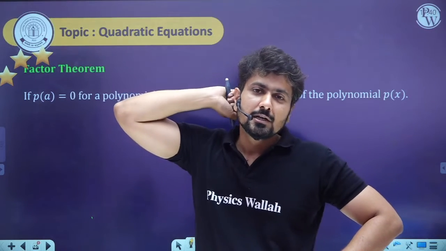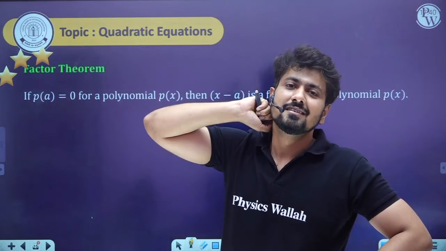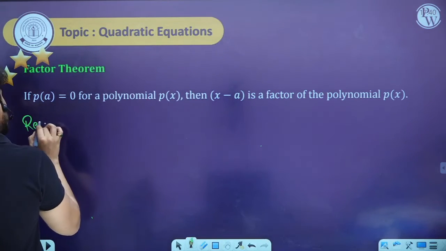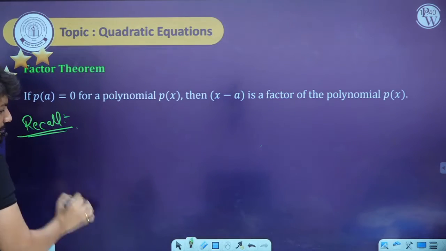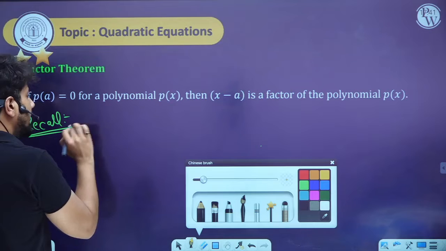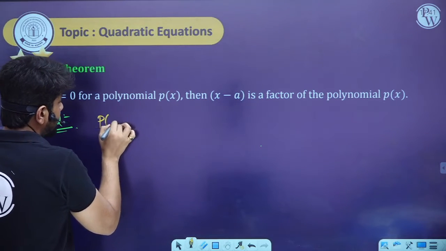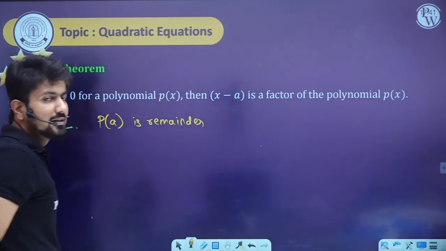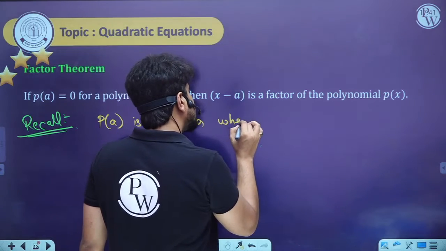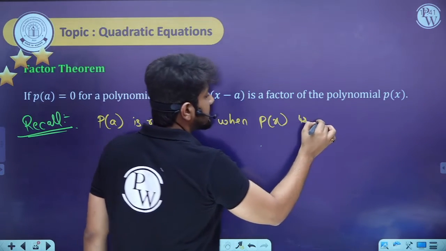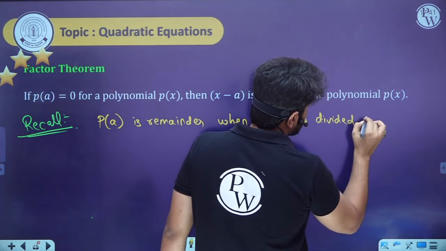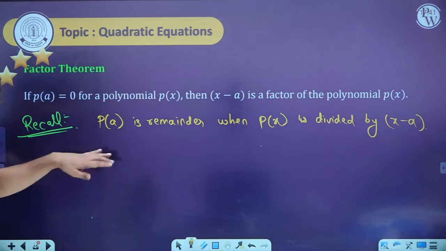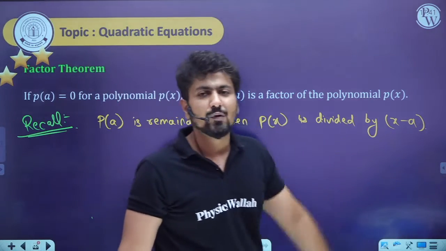Recall that in the remainder theorem, we have just studied that P of A is the remainder when Px is divided by x minus A.